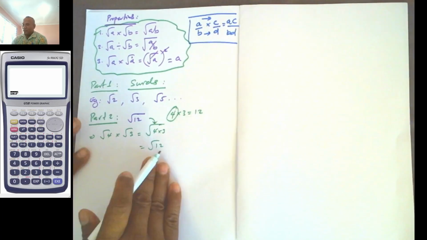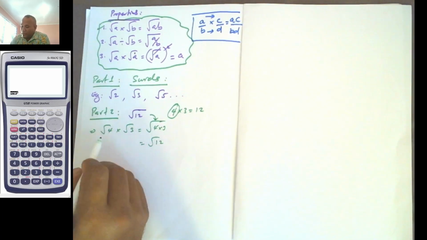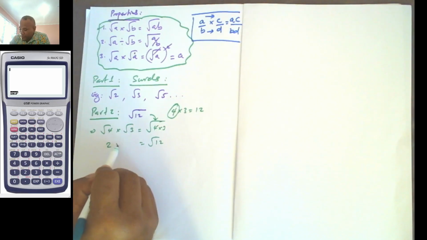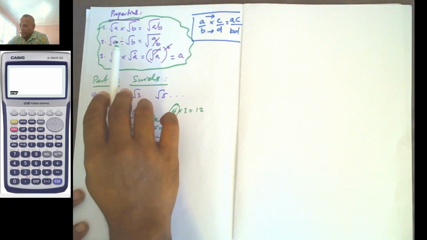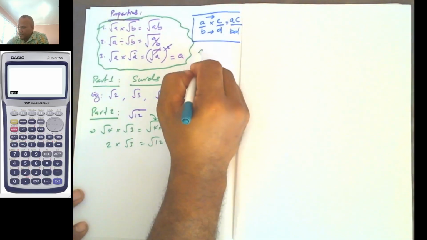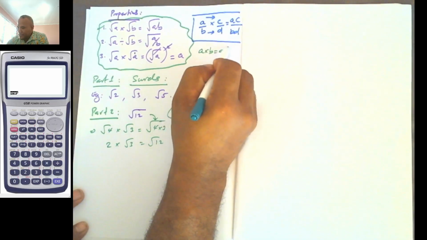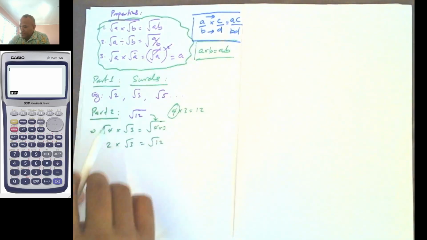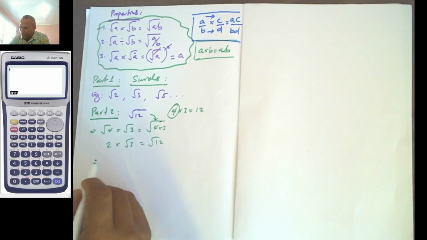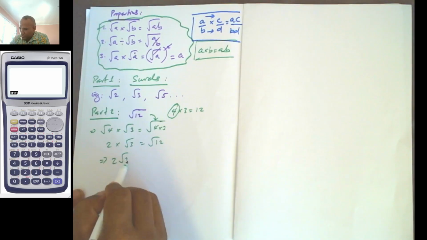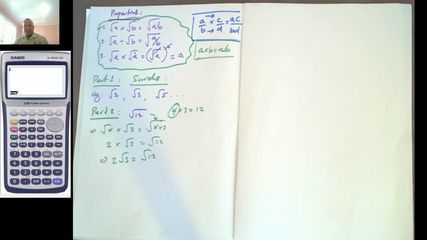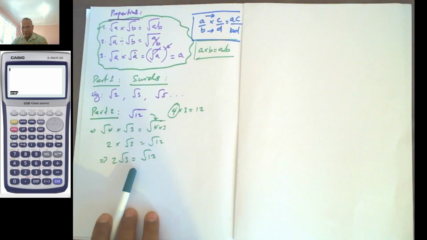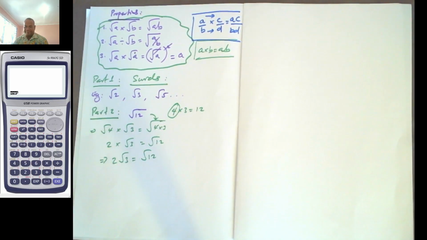But what is the square root of 4? We know the square root of 4 is 2, so we get 2 times the square root of 3. So a times b is equal to ab. So 2 root 3 is equal to the square root of 12. So we can say that the square root of 12 is equal to 2 root 3.